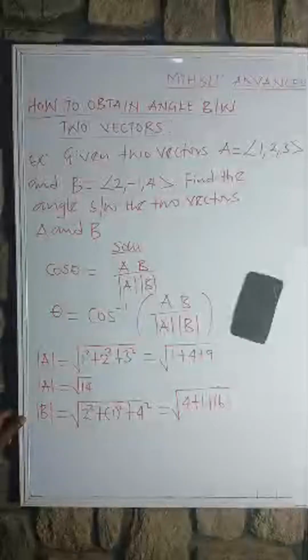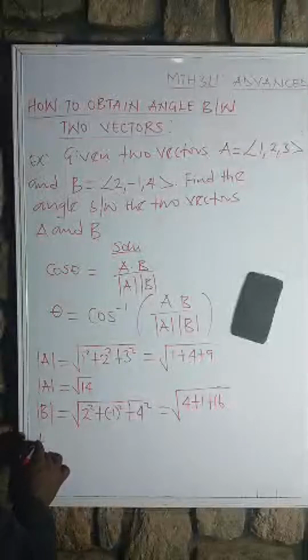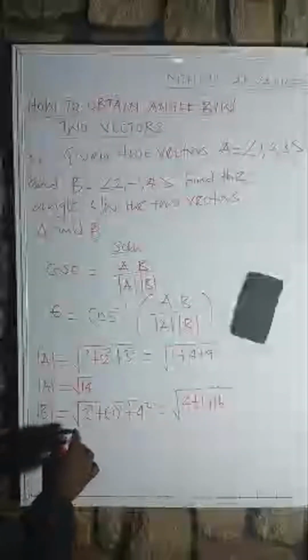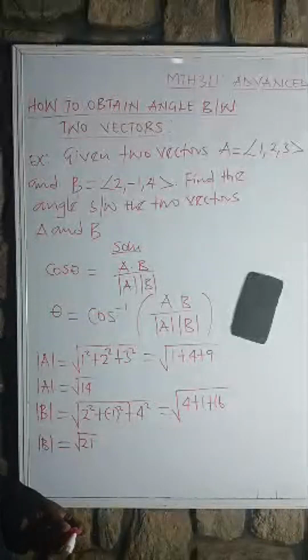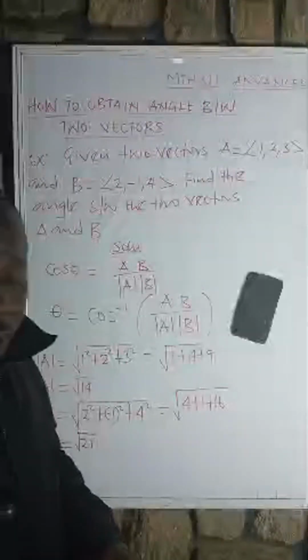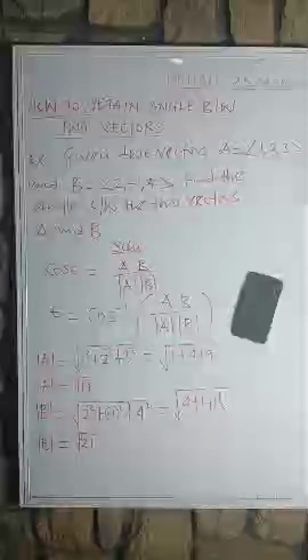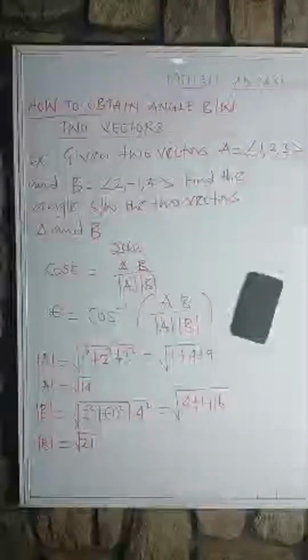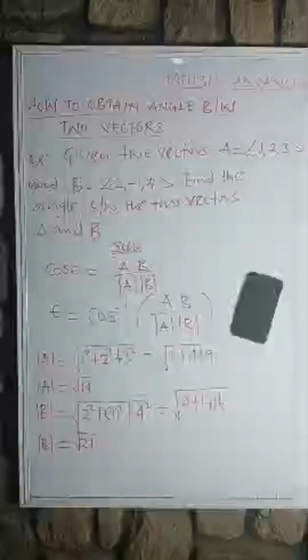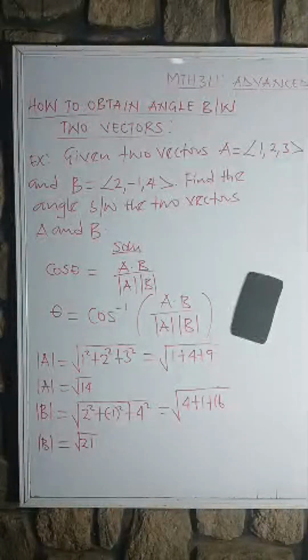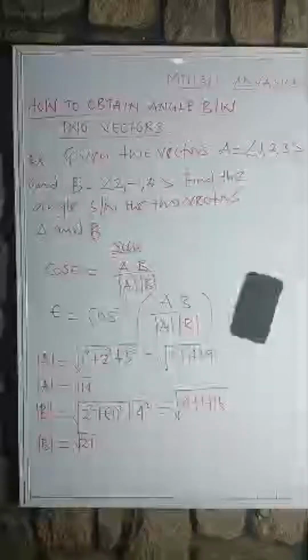So this is 21, true or false? So magnitude of B will be equal to square root of 21. 4 plus 16, 20 plus 1. I hope I'm right. Any question, please? I'm just trying to show us how we can obtain the angle between two vectors.